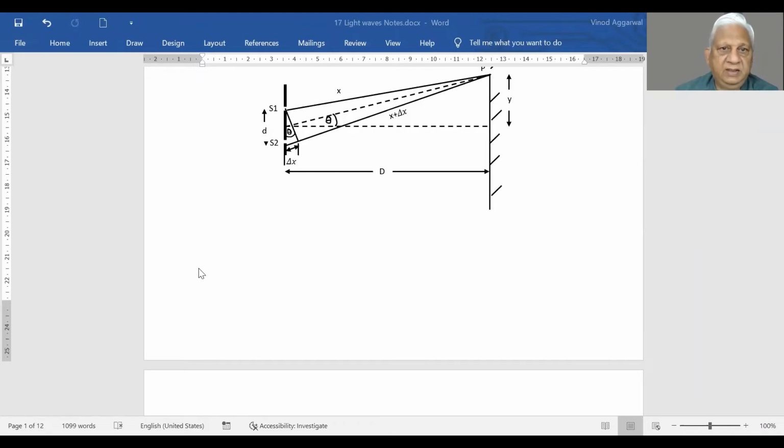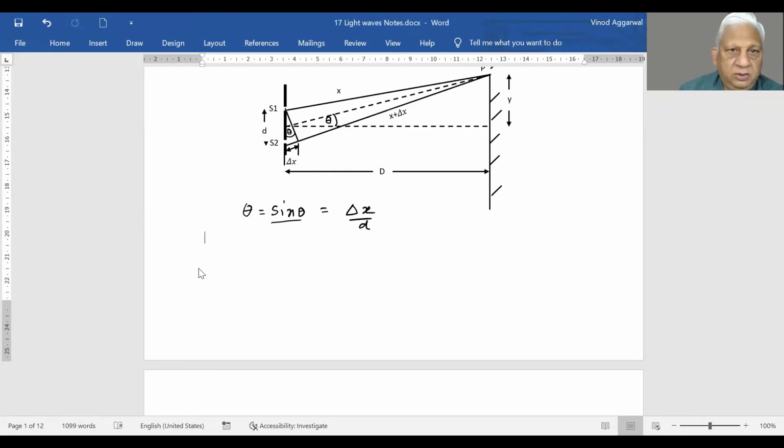Now, looking at this diagram, we can see theta is a very small angle. So for small angles, theta is the same as sine theta, and sine theta can be defined as delta x by small d.